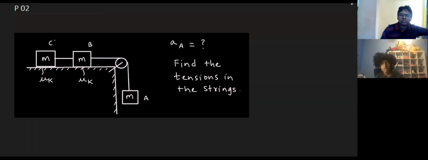Okay. I've written, obviously gravity is acting upon A. Force mg. And then tension force is acting up, pulling up on A. And that should be it, correct?